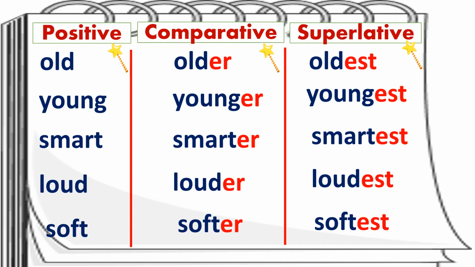So as you can see, when you are comparing two things or two persons, we use the comparative degree. You add ER. And when we are comparing more than two things or more than two persons, we use the superlative degree, which is where we add EST. So we have positive, comparative, superlative.